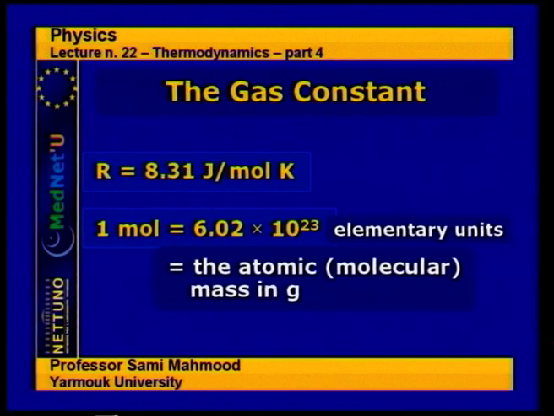So, for example, the mole for the system carbon 12 is 6.02 times 10 to the 23 atoms of carbon 12, and alternatively, this 1 mole of carbon 12 is equal to 12 grams of carbon 12 isotope.